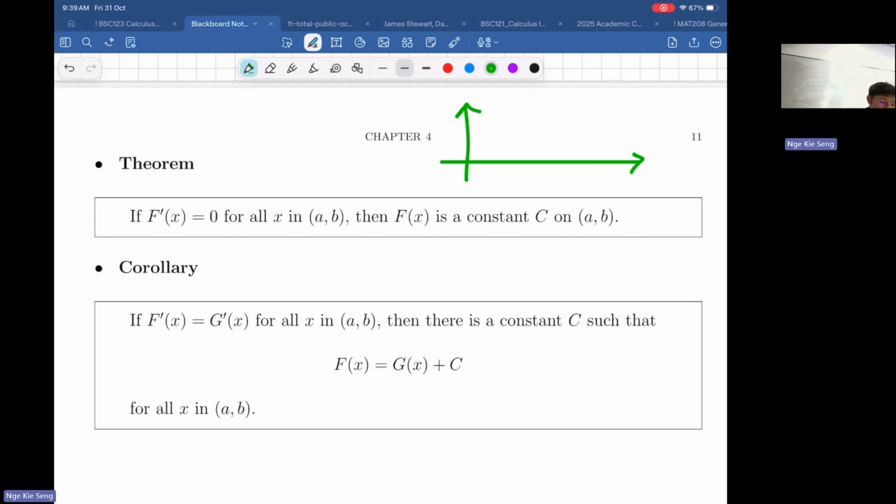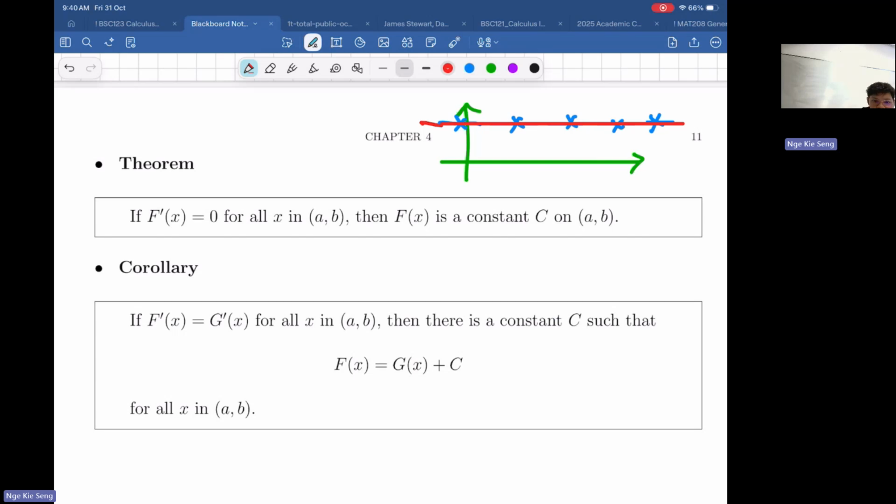It means that at all points, your tangent line is horizontal. So what kind of graph can you have with this horizontal line? This theorem tells you that you can only have one graph, which is constant. Makes sense?